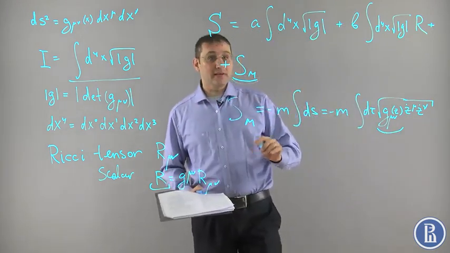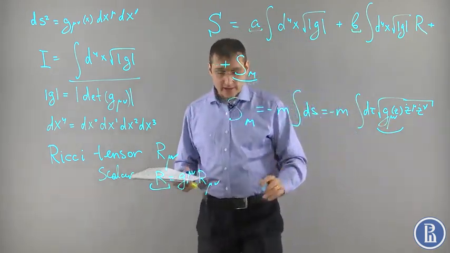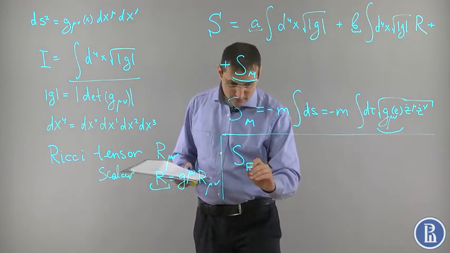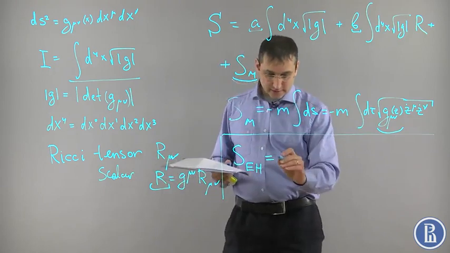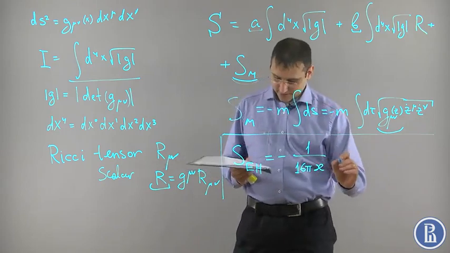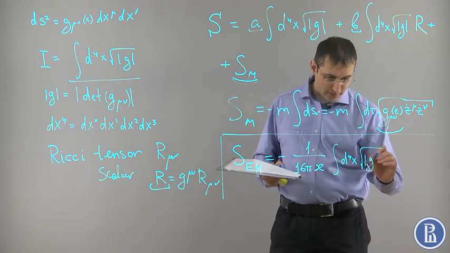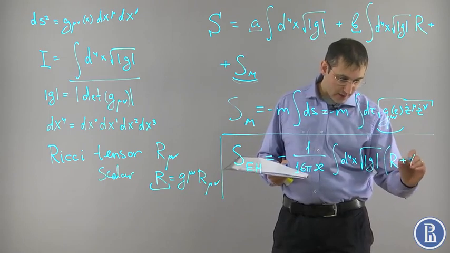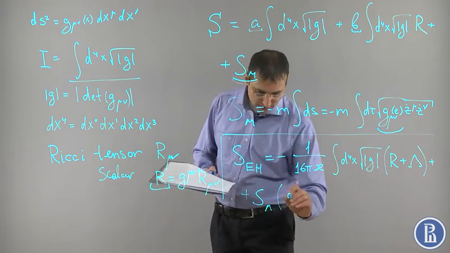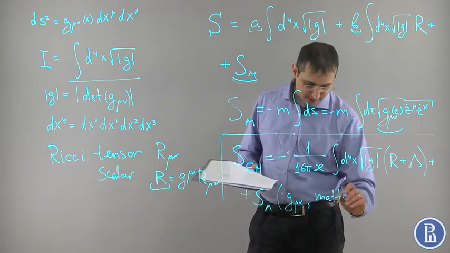What remains to be done is to fix these constants, and the total action that we are going to work with is the following: S equals minus 1 over 16πκ times the integral over d^4x square root of modulus of g times (R plus λ), plus S_matter, which contains the metric tensor and matter fields or particles.